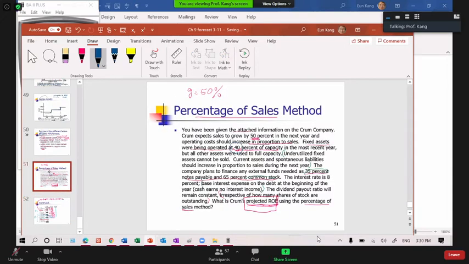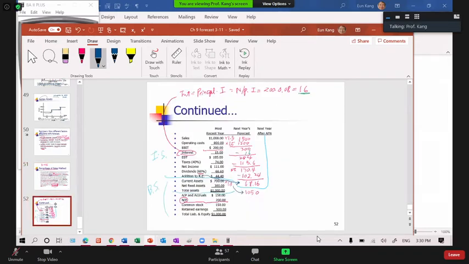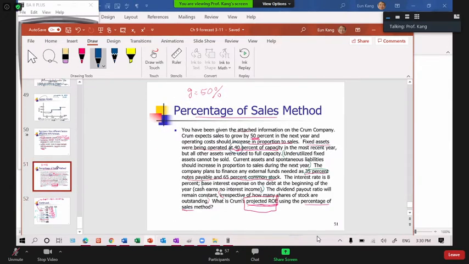According to this problem, how would you calculate net fixed assets? Take the sales and divide it by the capacity. Great. Capacity sales, that's a really good answer.